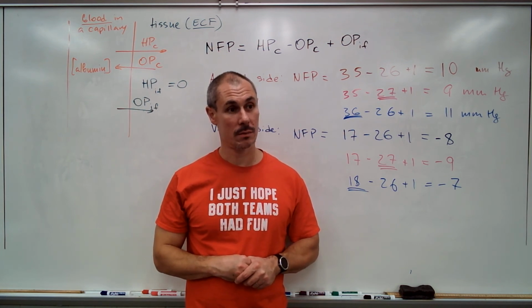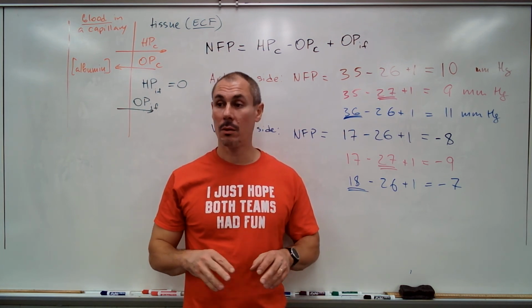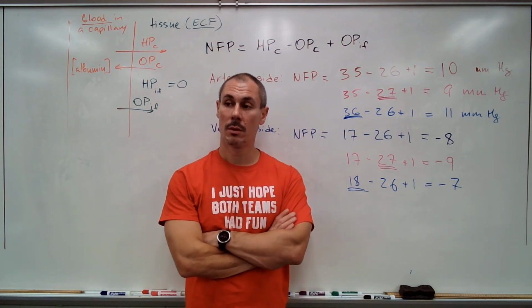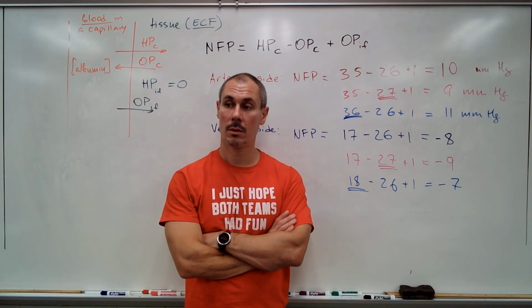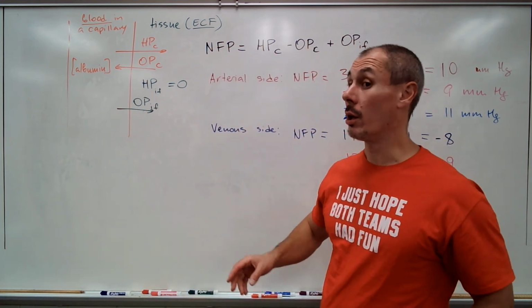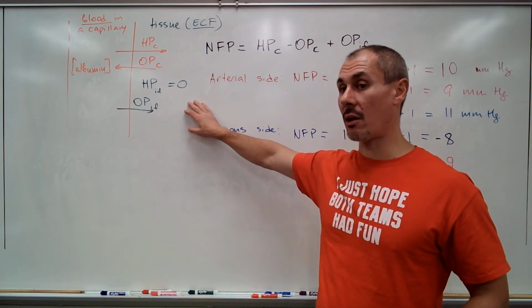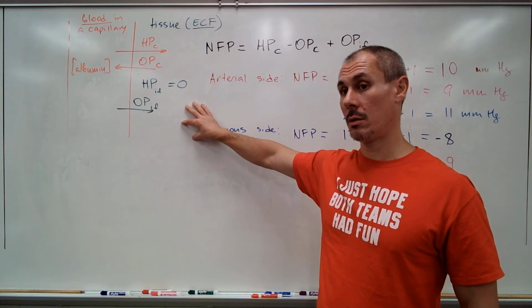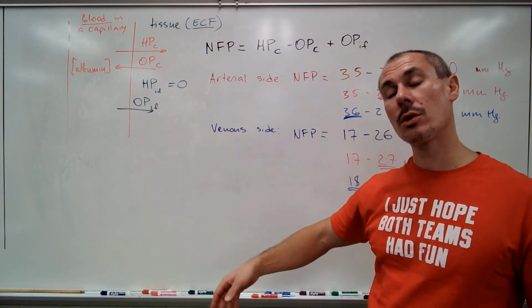Questions? Go ahead. So when someone has a swollen leg or arm, their number won't be 0? It won't be. If they have long-standing edema, it won't be. Because for some reason there's no drainage. Say again?